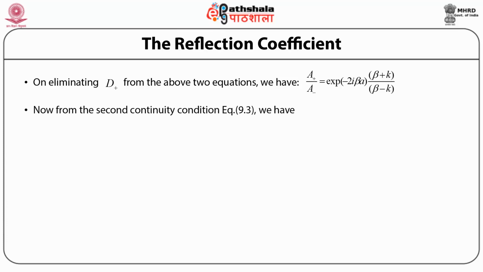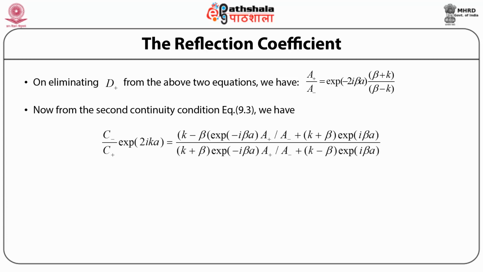Now, from the second continuity equation given in equation 3, we have c minus by c plus into exponent 2 iota k is equal to k minus beta into exponent minus iota beta a into a plus divided by a minus plus k plus beta into exponent iota beta a, divided by k plus beta into exponent minus iota beta a into a plus by a minus plus k minus beta into exponent iota beta a.